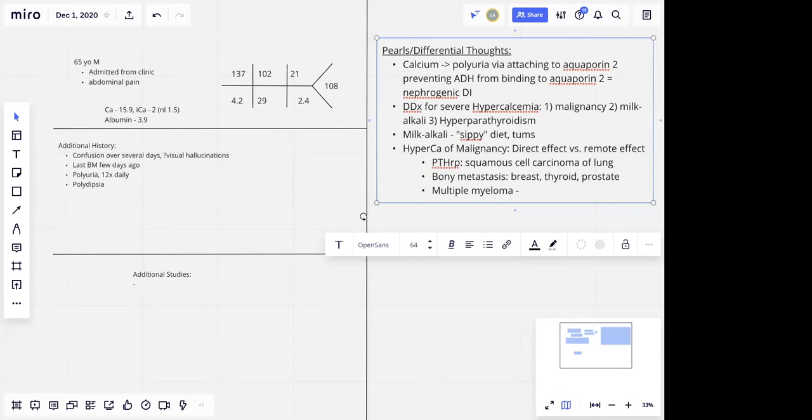So they secrete interleukins and some bone modifying agents that interact with the osteoblasts and tip the balance in favor of osteoclasts, and they basically erode the bone, but not with a PTHRP mechanism, through this local change in the environment.